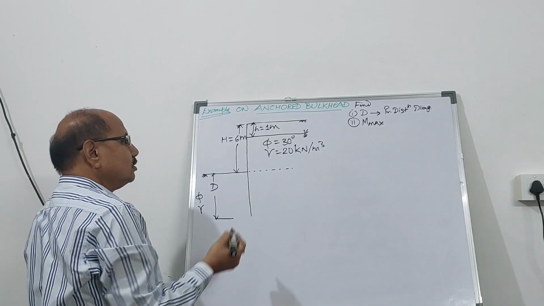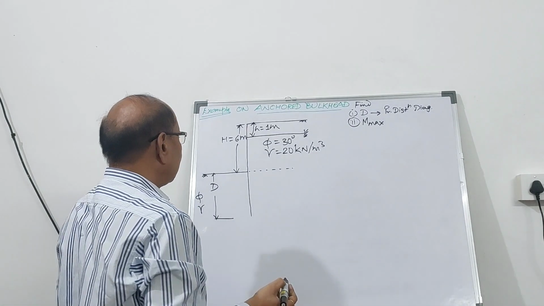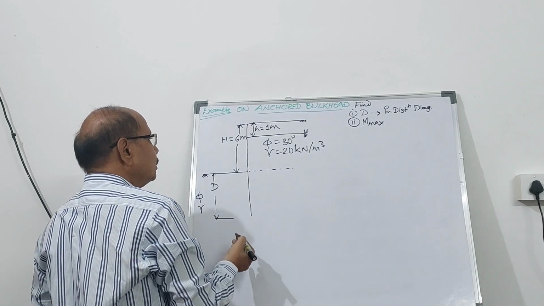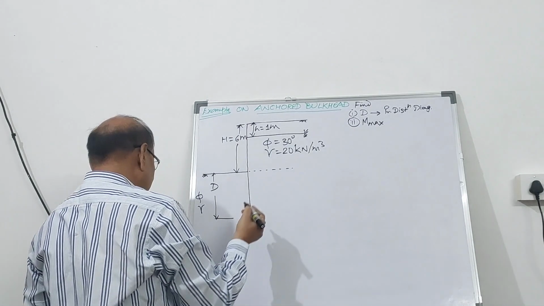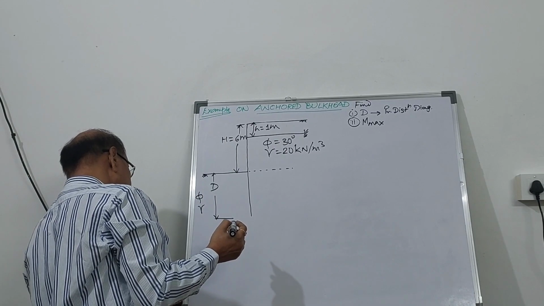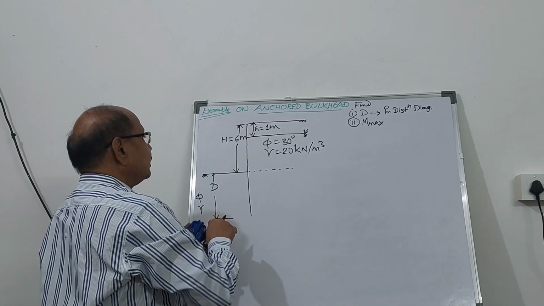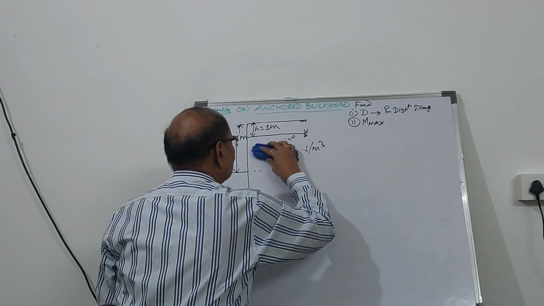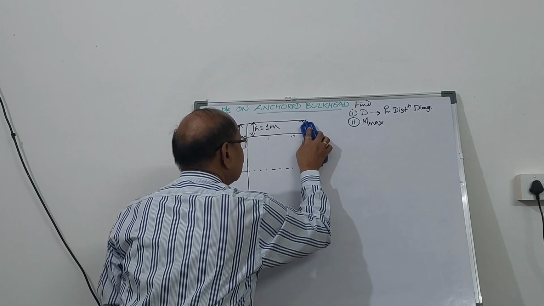So these two things you will have to find it out. So here properties are known to you. So the pressure distribution diagram, how it is going to change, that we will like to see over here. So draw the pressure distribution diagram.